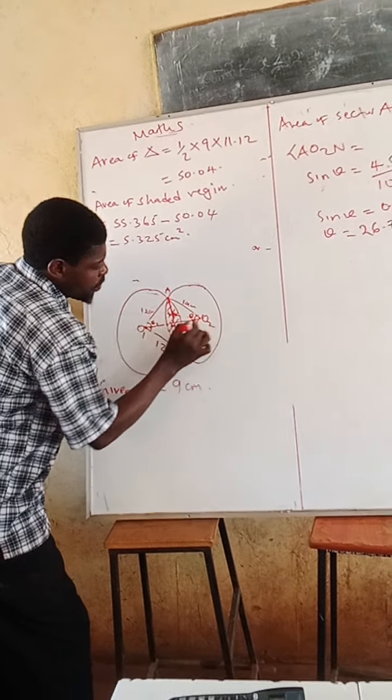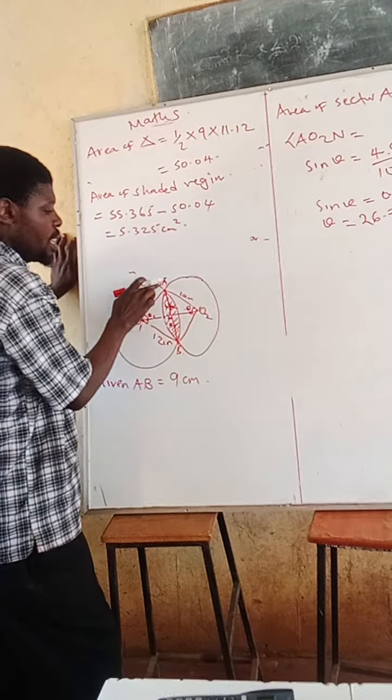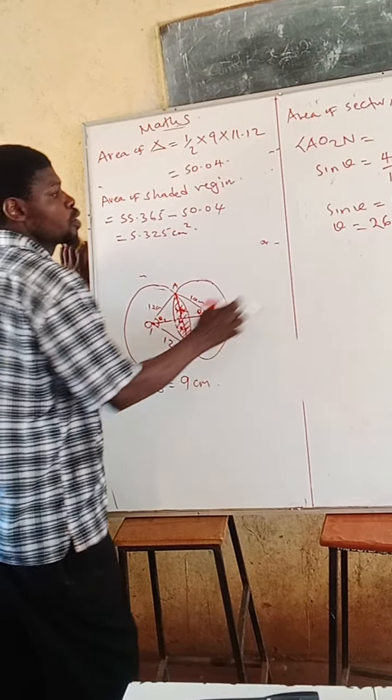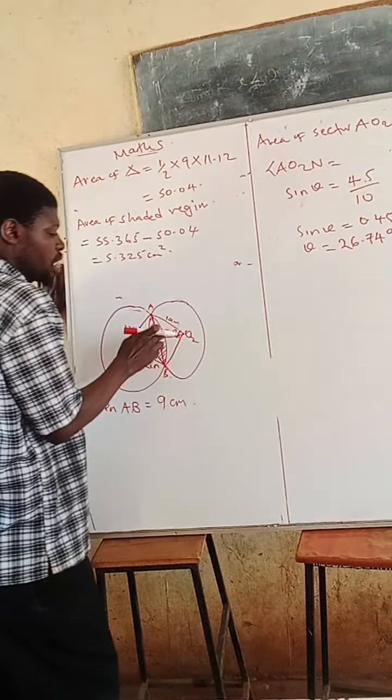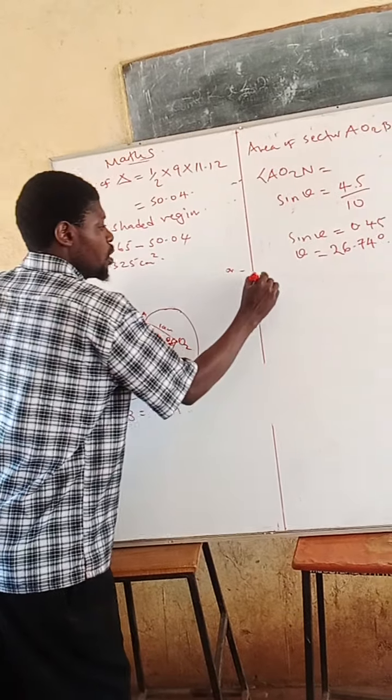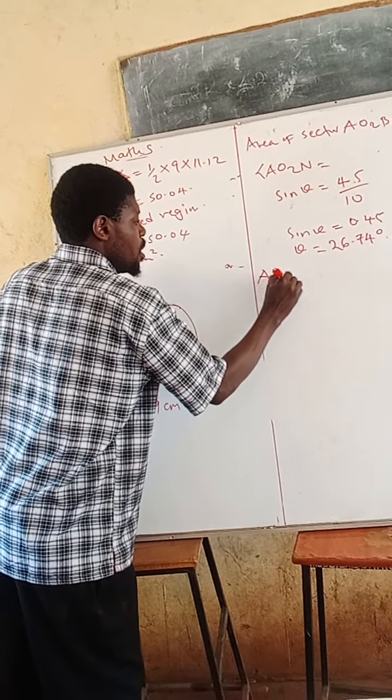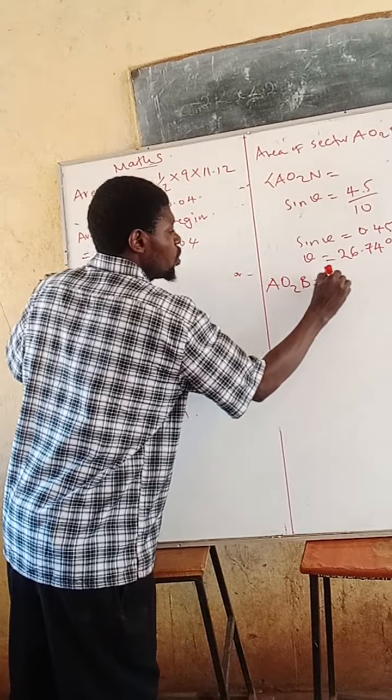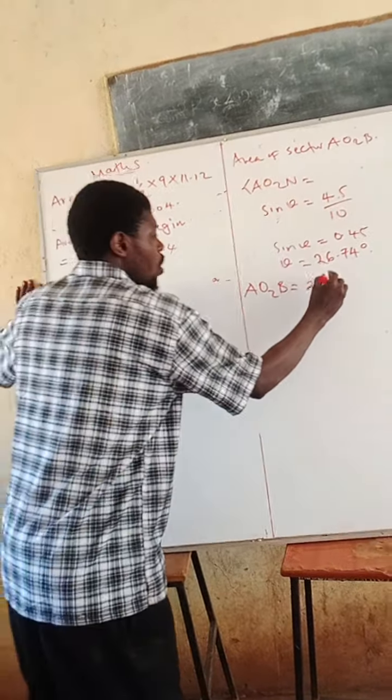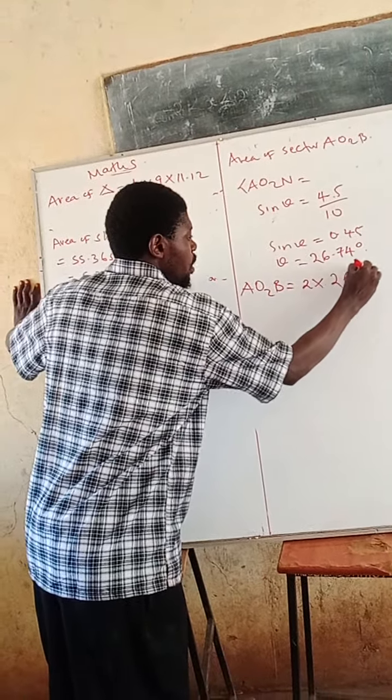So that means the whole of AO2B becomes twice the angle, because this is the first angle. So AO2B will be 2 times the angle you have got, which is 26.74.